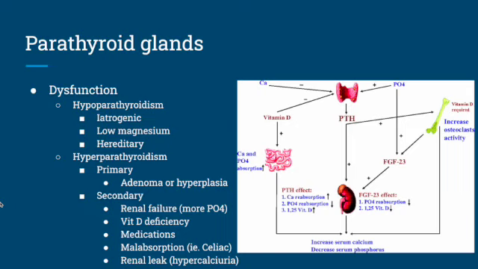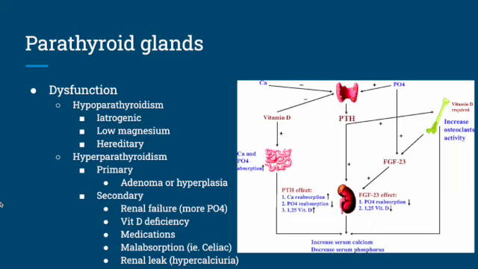Low magnesium levels can sometimes create a low parathyroid state, as it factors into some of these chemical equations. And then sometimes there can be hereditary syndromes that have that.